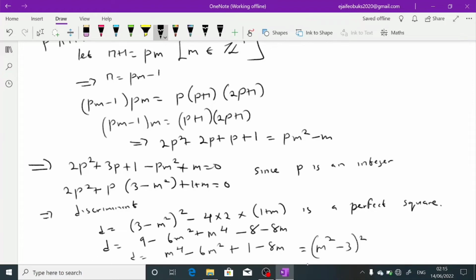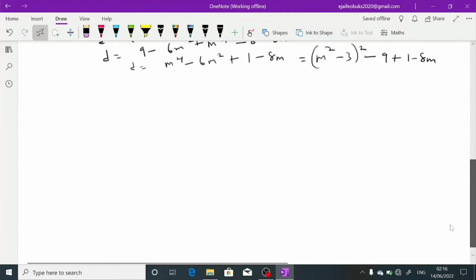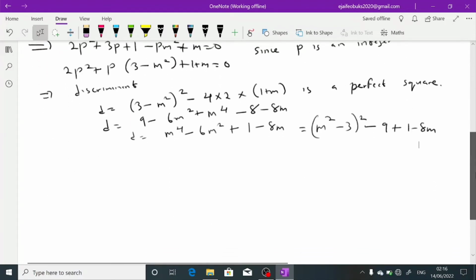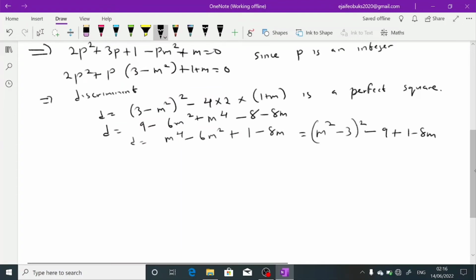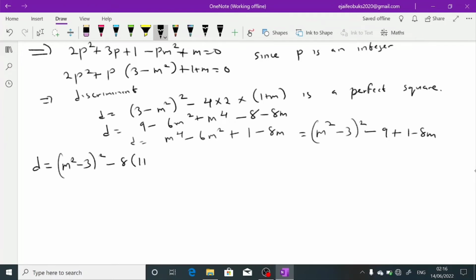That's what I'm doing here. So d is equals to m squared minus 3 all squared minus 8 into 1 plus m.